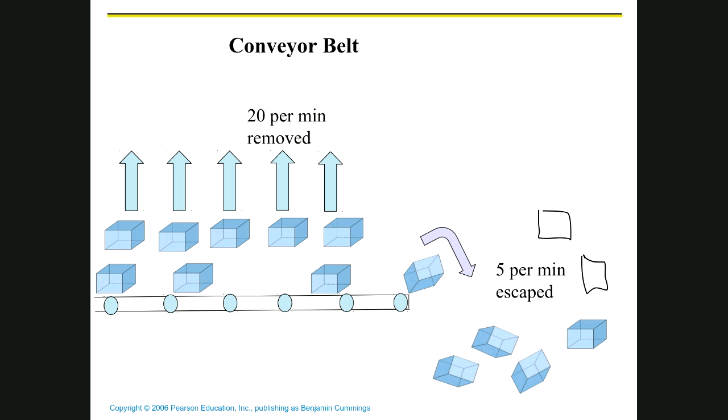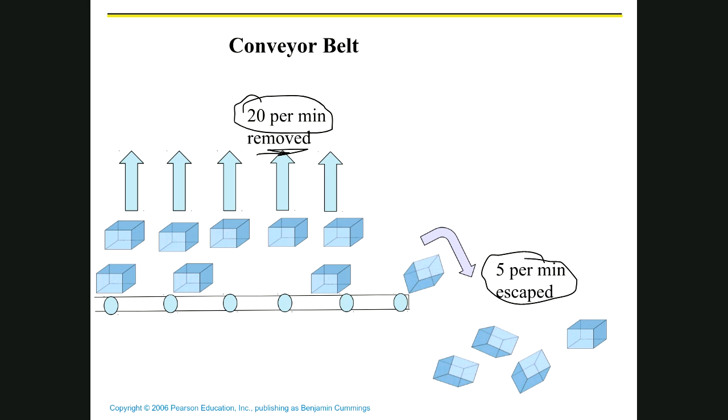I'm still going at 20 per minute, but now how fast is my conveyor belt going? 27, that's right. So look, I don't need to know exactly how fast this is. I can figure it out if I know how many are being removed and how many are escaping.